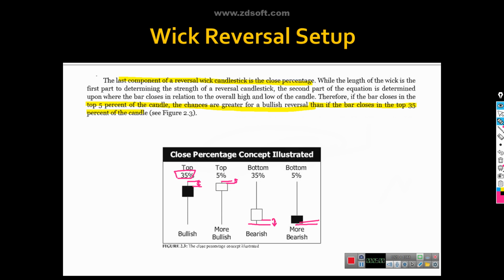So if there is a larger percentage difference between the high and the close, you will have less reversal, and if the difference is less, you will have a more probable reversal candidate. If you have these two candidates, you had better choose this one. Similarly, for a bearish reversal or a bullish reversal, if you have these two candidates, it is better to choose this candidate.